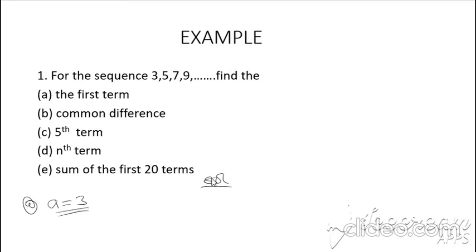That's how we find the first term, as simple as that. Now, part B is asking us to find the common difference. How can you find the common difference? Note that we have a formula we can use.